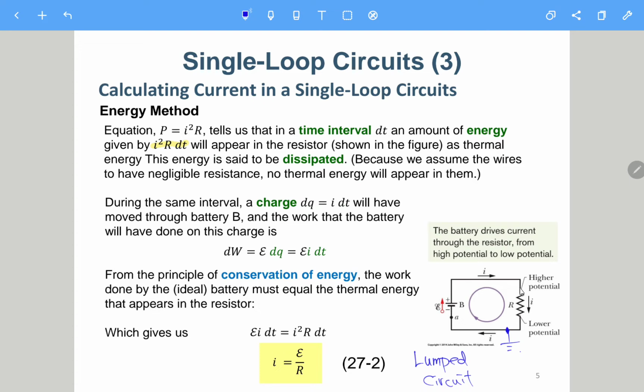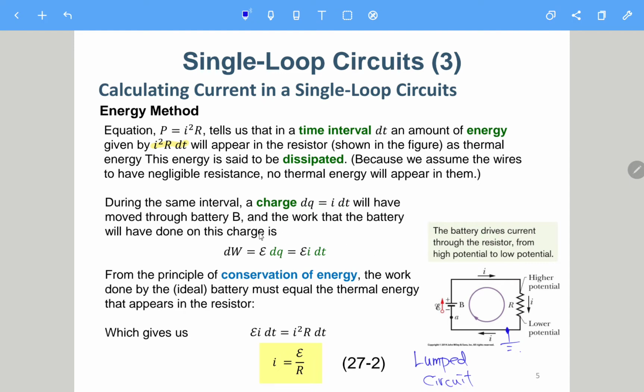We assume the whole line has the same electric potential, and all the resistance counts on the resistor. Usually the resistor value is quite large compared with the wire, so it is reasonable to make this assumption.